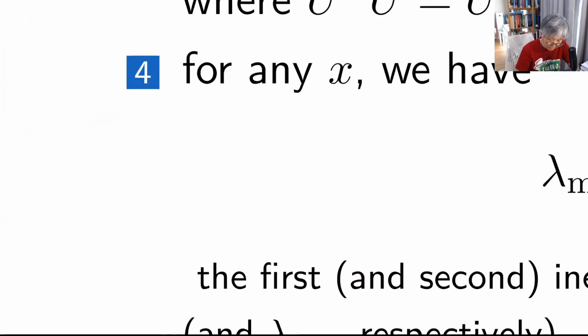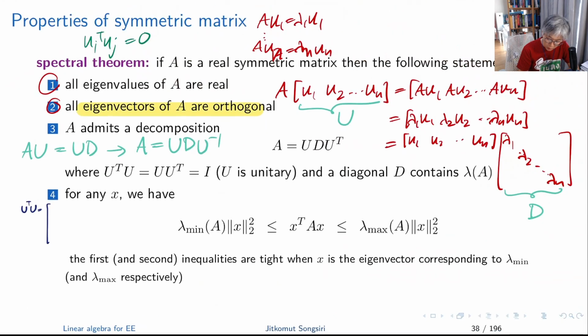So how about if I calculate U transpose U with the assumption that my U is the eigenvector matrix from symmetric matrices? Now you have to transpose correctly. If my U is this matrix, now I'm going to transpose it.